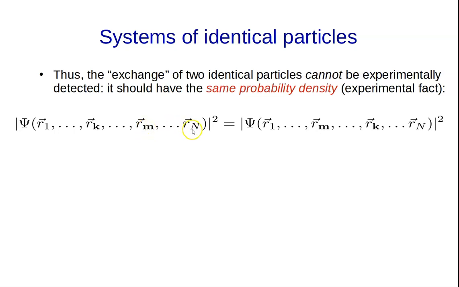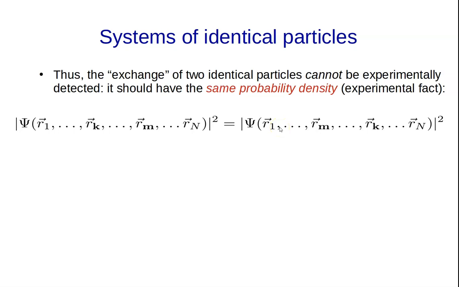each of these positions. Particle 1 at position R1, particle K at position RK, particle M at position RM, and so on. Now, if you cannot tell the particles apart, it means that if somehow you would measure a similar state, but two of the particles have switched position, say this particle here, which I'll label K, is now in position Rm, while particle M is in position Rk, in this case you cannot tell which one is which.